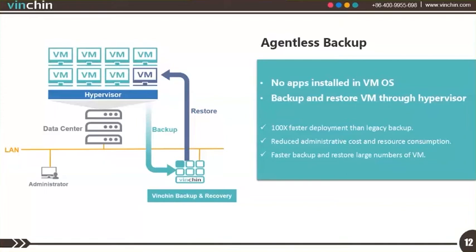And you can reduce your administrative cost and the resource consumption as well, and very fast backup and restore large numbers of VMs because you don't need to install any agents on each VM. In this way, for large environments, agentless is very useful and necessary.